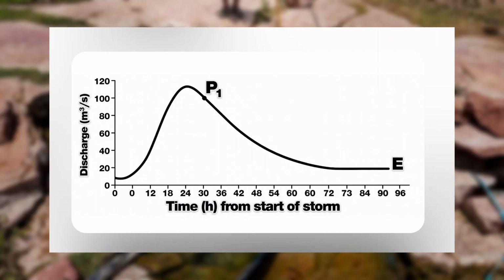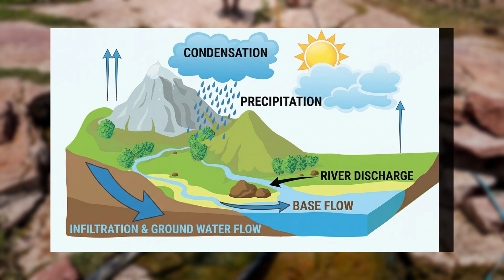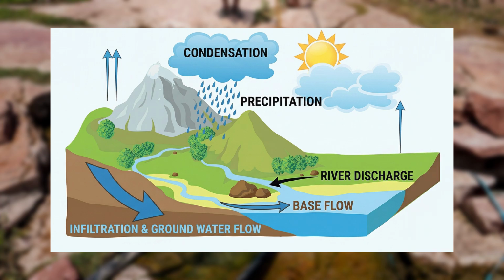In a standardized hydrograph, time is plotted along the horizontal axis, while discharge or flow rate is plotted along the vertical axis. The overall shape of the hydrograph reflects the combined influence of rainfall characteristics and physical properties of the drainage basin.